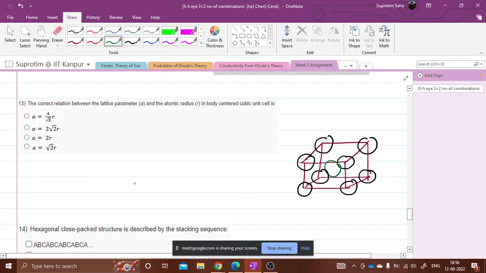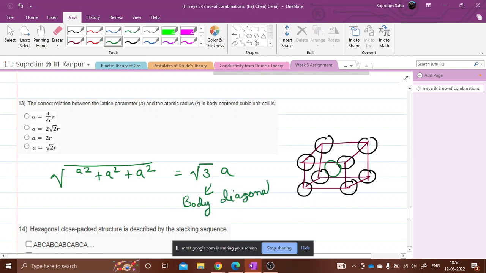So for the body diagonal, the length of the diagonal is a squared plus a squared plus a squared, so root 3 a is your body diagonal.